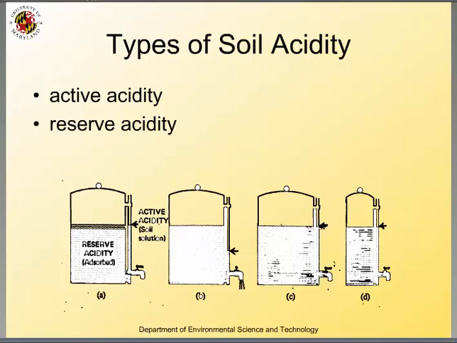Now, this is a pretty good example of 2 different soils. Take A and B. These are 2 different soils that have about the same active acidity. That is, the liquid in the serving arm of this little coffee urn is about the same level. But you can see that they don't have the same amount of reserve acidity. Chances are this is a soil that might have a CEC of 5, and this might have a CEC of 15.